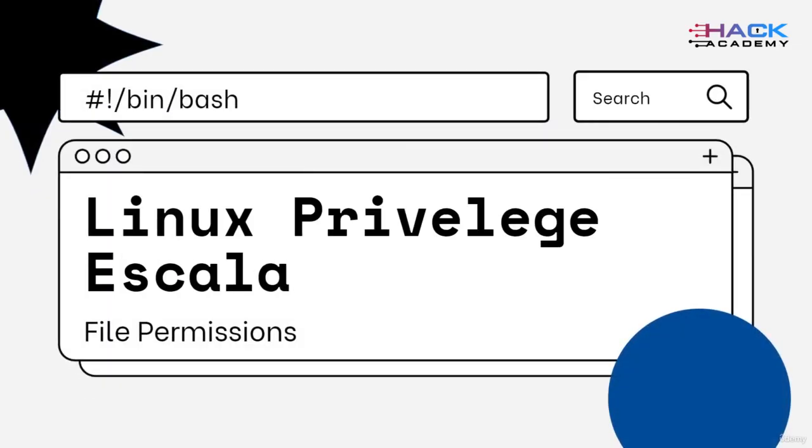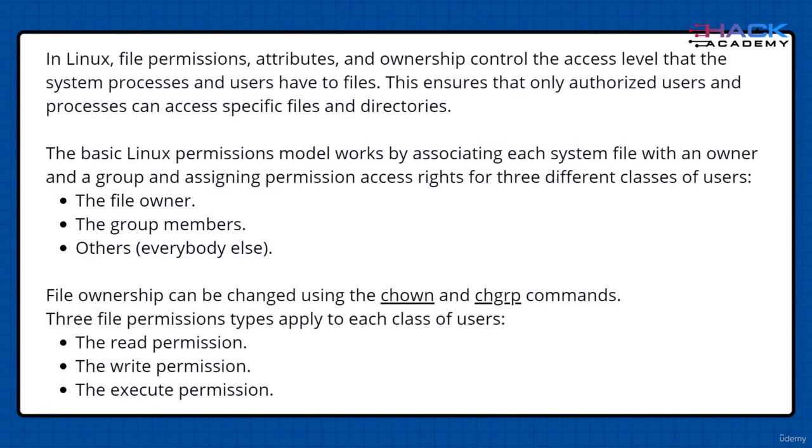In this section, we're going to talk about file permissions and how an attacker can take advantage of files that have incorrect permission sets. In Linux, file permissions, attributes, and ownership control the access level that the system processes and users have to files.